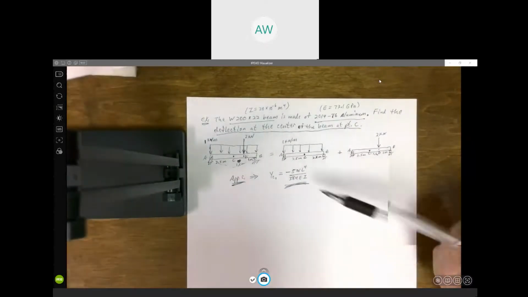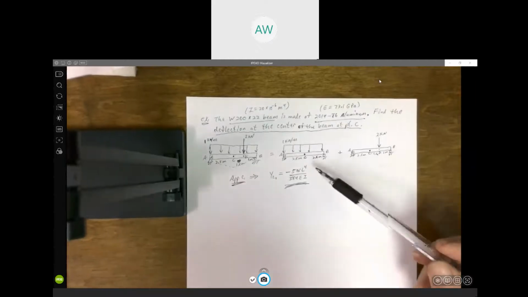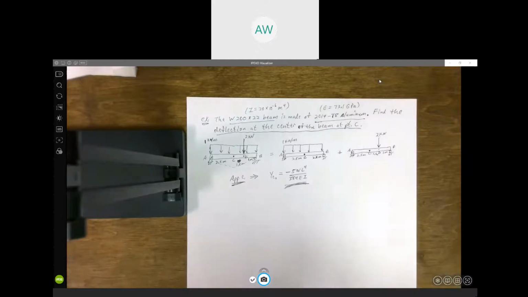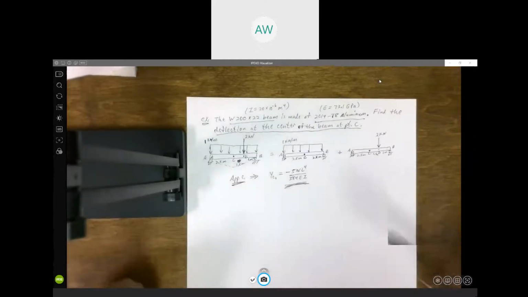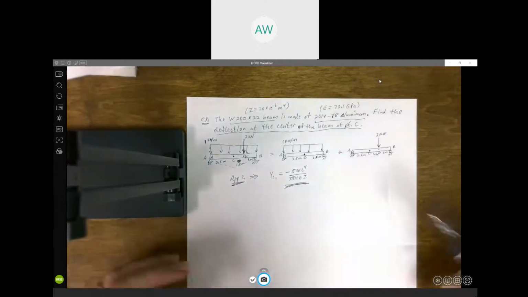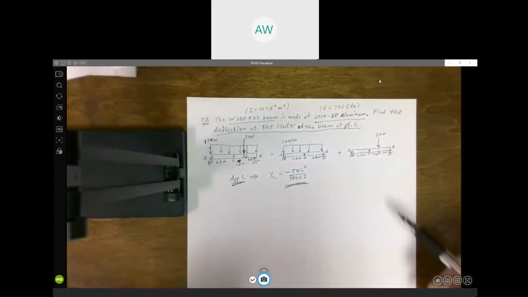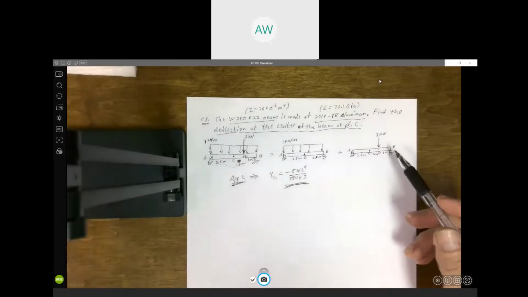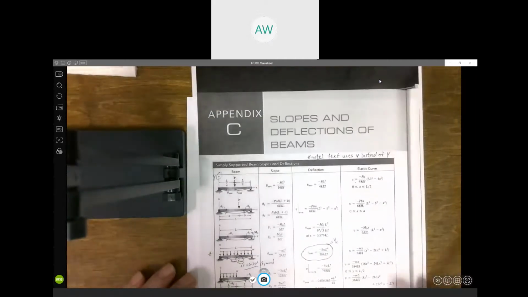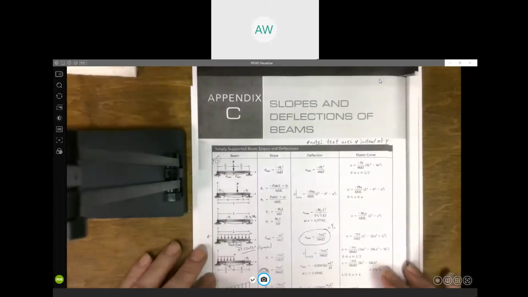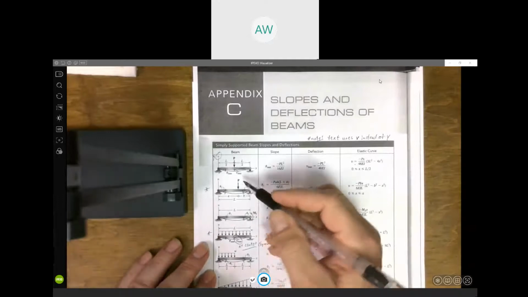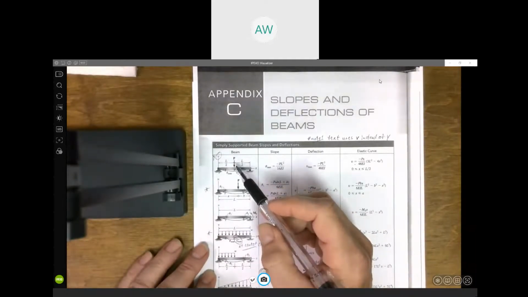All right, so we know what the distributed load is. We know what the length of the beam is. We know E and we know I. So in a minute, when we add these together, we'll be able to plug numbers in here and actually calculate how far this thing moves down. Now, this one is a little bit different in that if you go to the table, what we have here is actually this case. Our force P is not in the center.